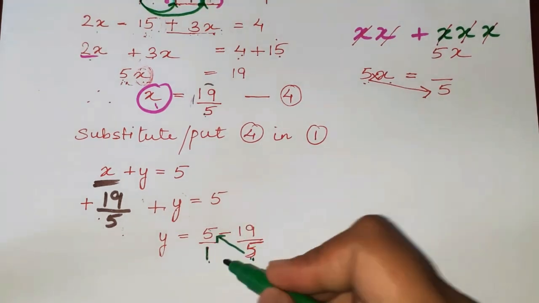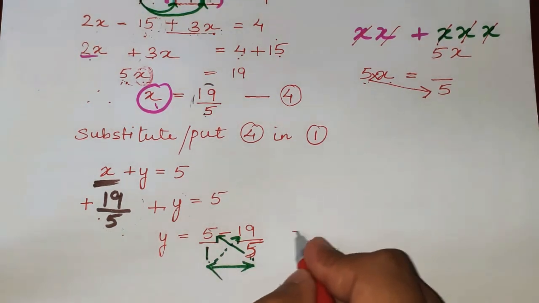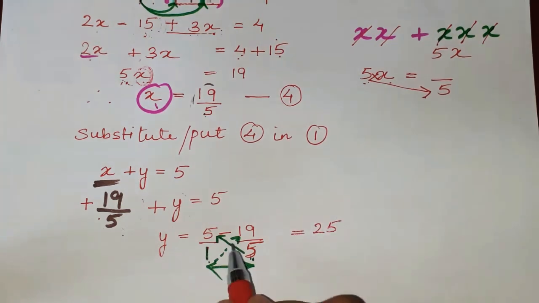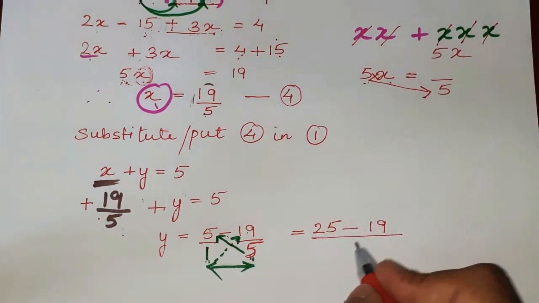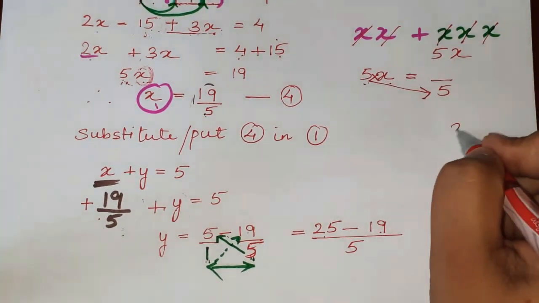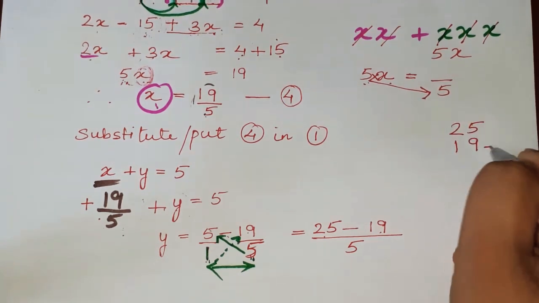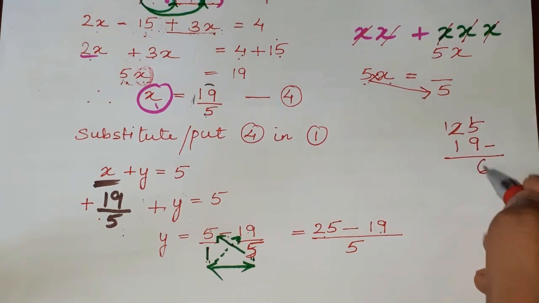This will multiply with this, this will multiply with this, and these two denominators will get multiplied with each other. So 5 5s are 25, minus 1 19 is 19, upon 1 into 5 is 5. Now 25 minus 19: 15 minus 9 is 6, 1 minus 1 is 0.